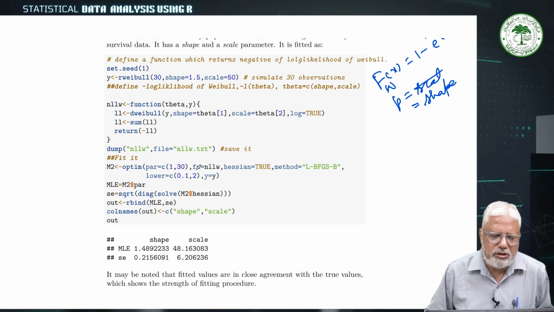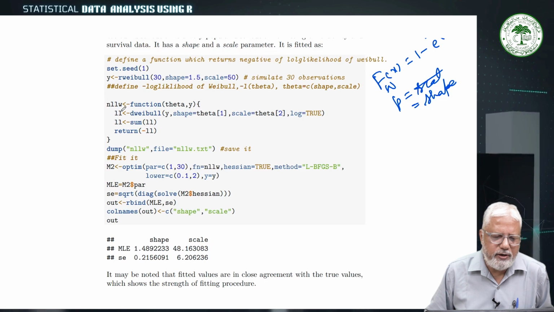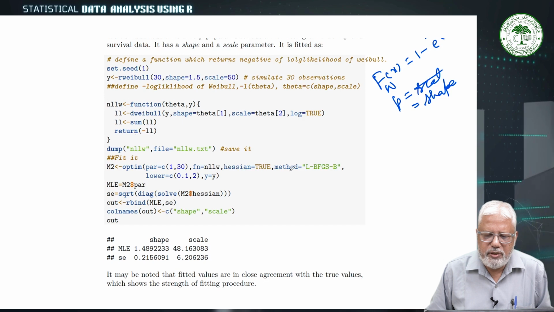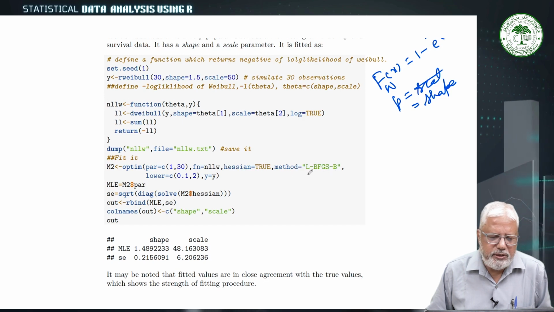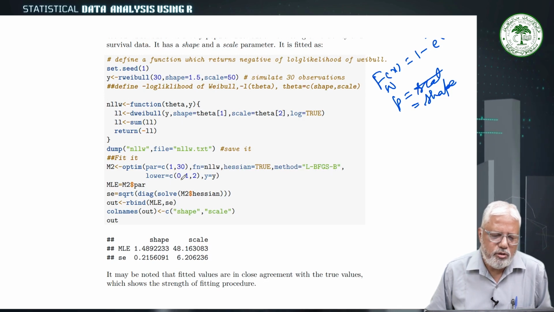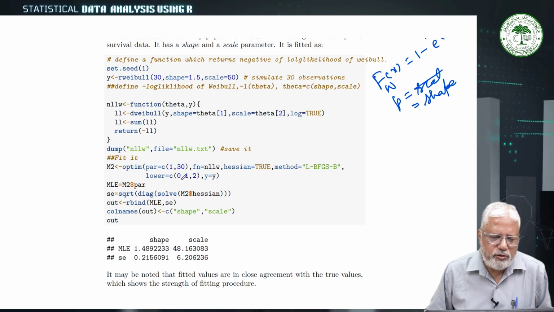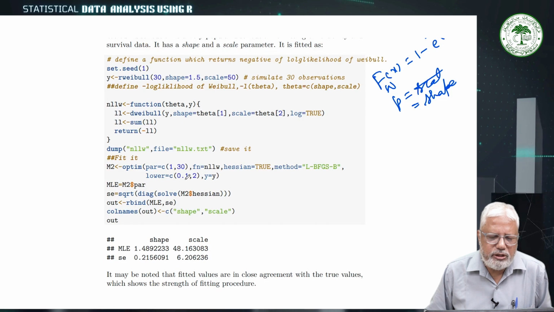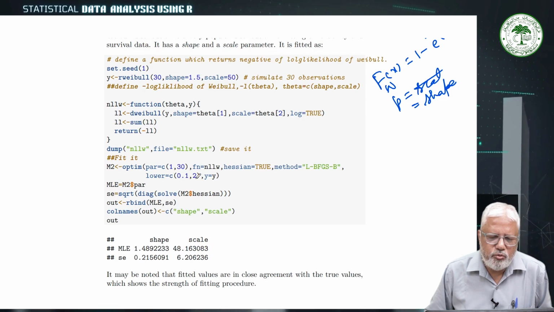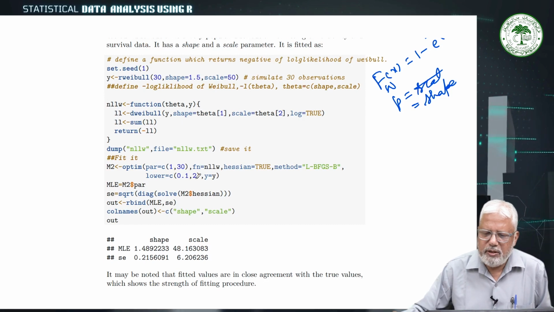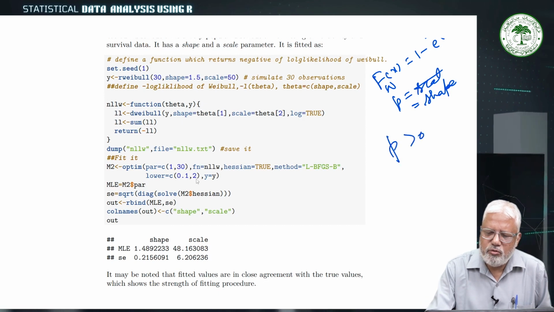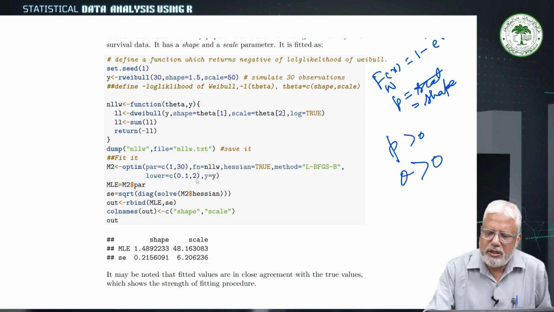Then fn is the objective function to be minimized, that is NLLW, which is defined here, and Hessian is equal to true. Method is equal to L-BFGS-B, and lower is equal to 0.1 and 2, the lower bounds for the values of shape and scale, because we know that p is greater than 0 and the scale is also greater than 0.